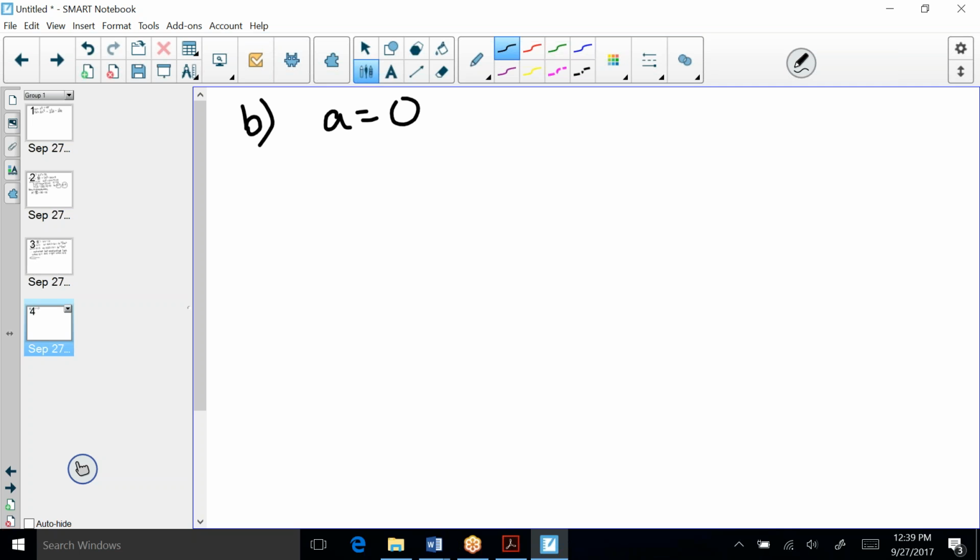So the acceleration is 0. We're going to be on part B on the next page. So what we know is that our acceleration function is 6t minus 12. So when a is 0, we have 0 is equal to 6t minus 12. So when does that happen? Add 12 to the side, divide by 6, so at 2 seconds.